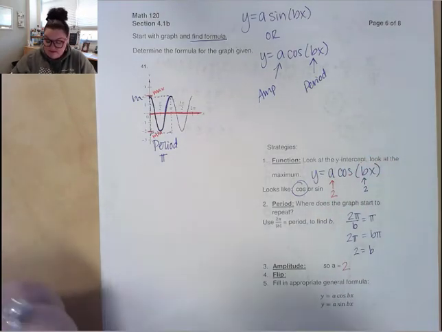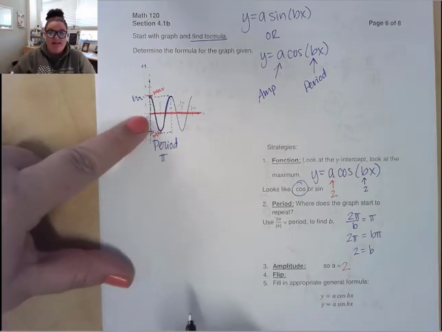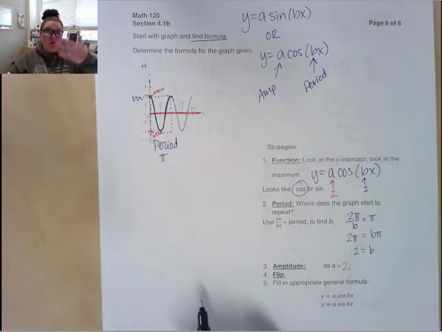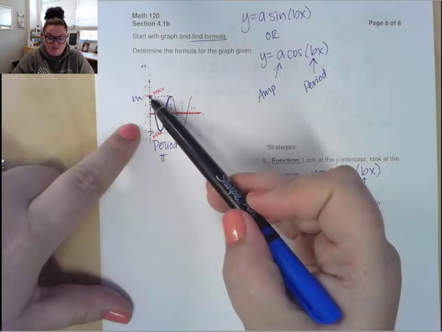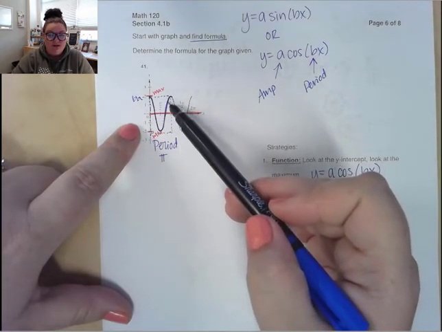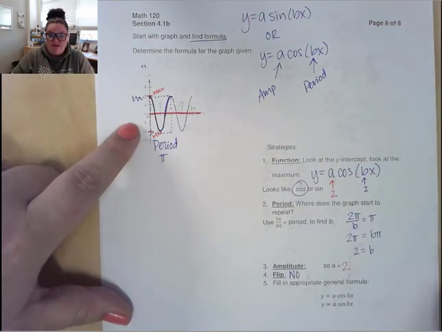I know that my b value is 2. And the last thing I have to determine is, has this been flipped? Is this a normal cosine curve, or has it had a reflection? Okay, so remember, a normal cosine curve starts up high. We swallow something, we cough it up. So this one has not been flipped. Okay, so we're going to say no. So we don't need a negative out front.